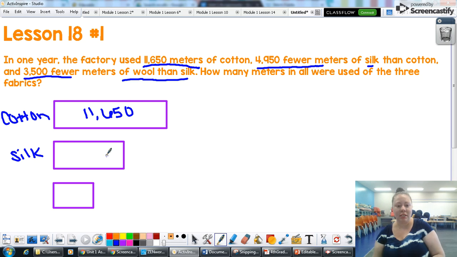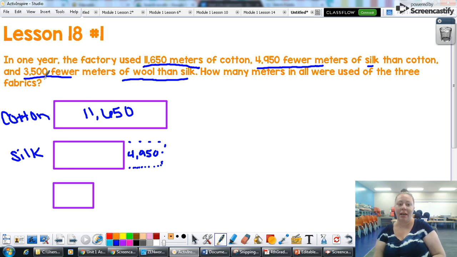So we know that if I draw this out like so, the whole thing would be 11,650. And since it's 4,950 fewer, I know this imaginary part is worth 4,950. So if I had this all together, this section plus 4,950 equals 11,650.